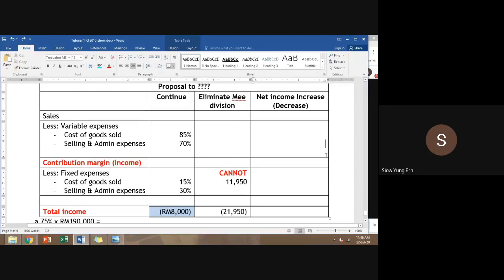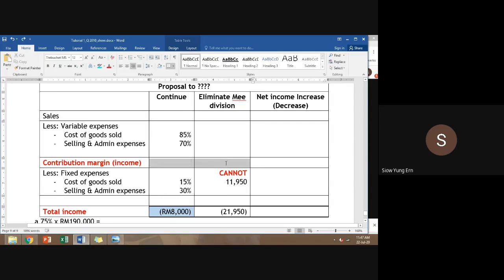Okay, next one, selling and admin. Correct, 52,500, same thing. Your cost decreases to 0. So cost decrease, net income increase.